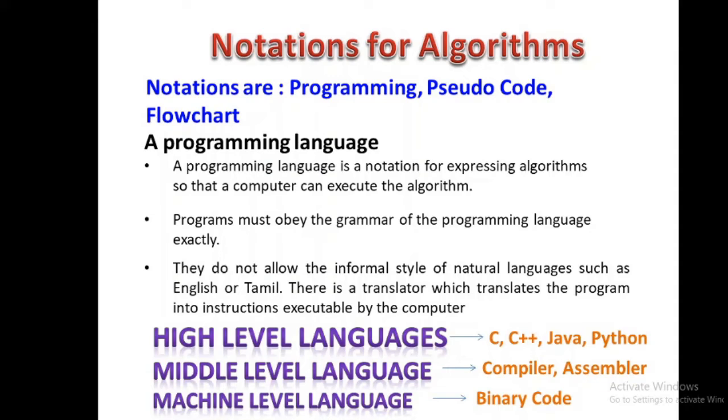A program must obey the manner of the programming language exactly, that means the syntax. The program must follow the syntax while writing. In a program, the informal style of natural language such as English or Tamil is not allowed.